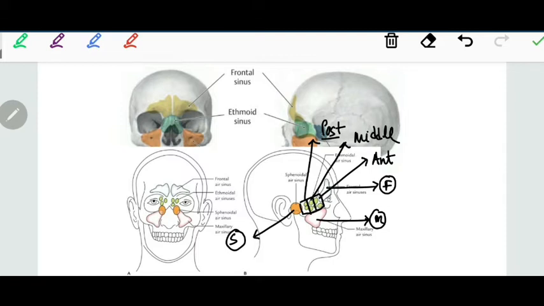So apart from the ethmoidal air sinus, which is arranged in three groups on each side, anterior, middle and posterior, all the other sinuses are paired.